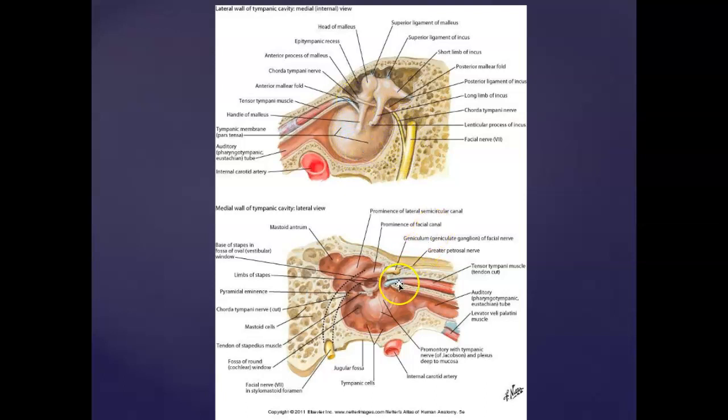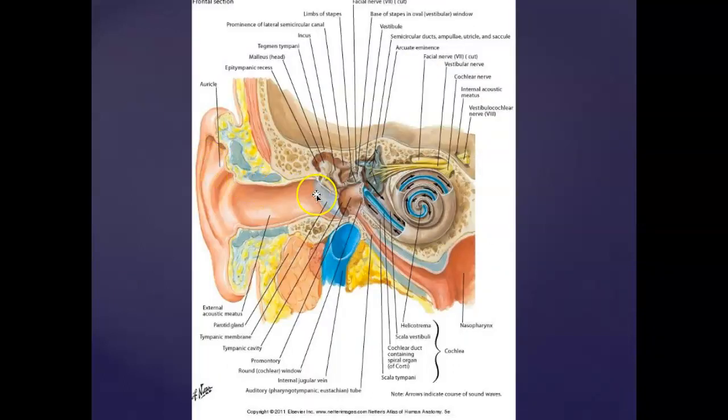A couple other things here. The fenestra vestibuli, also called the vestibular window, also called the oval window. This is where the footplate of the stapes is going to push into the inner ear.